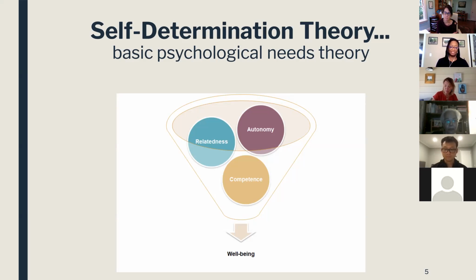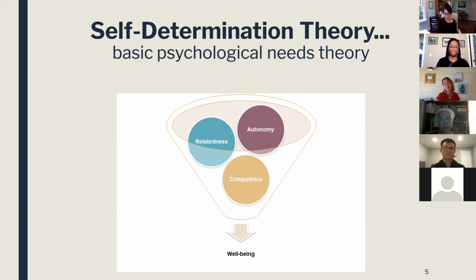Therefore, contexts that support or thwart these basic psychological needs invariably impact one's wellness. The theory also argues that all 3 needs are essential, and that if any of the needs are thwarted, there will be distinct functional costs or influences on the other needs.